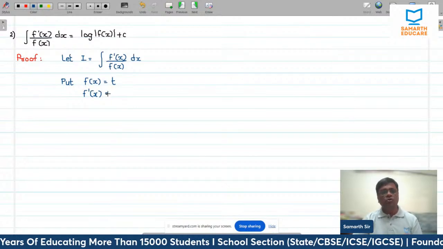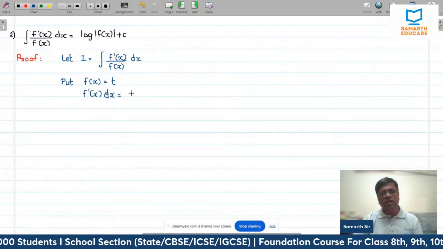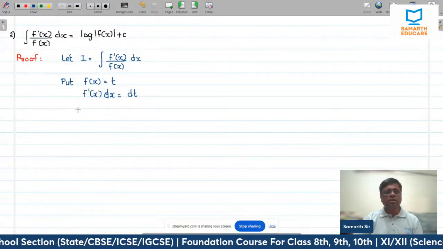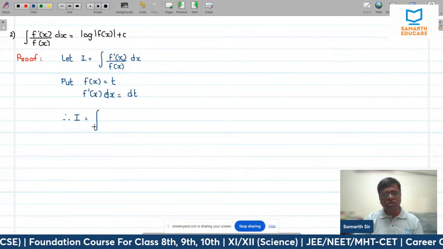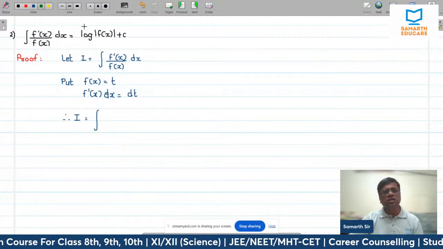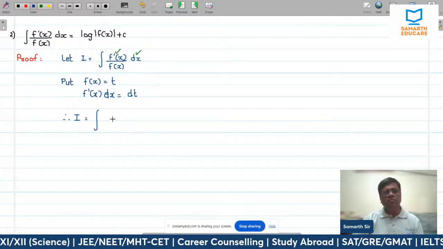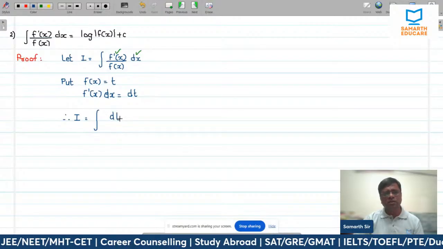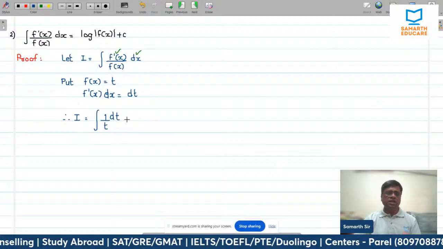Okay, now I am not going to use the dx by dt because directly 1 dt मैं लिख दूंगा यहाँ पे. That means ये अभी I is equal to, coming back to the question, f dash x multiplied by dx will be replaced by dt, right? And f of x will be replaced by t.